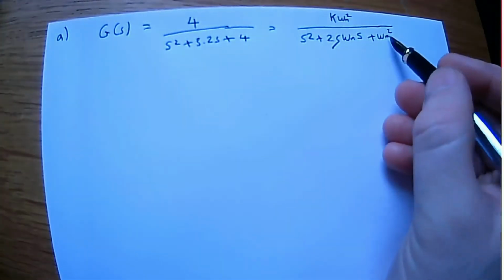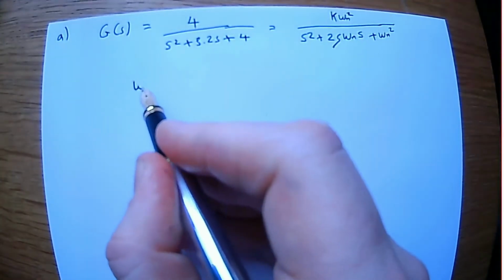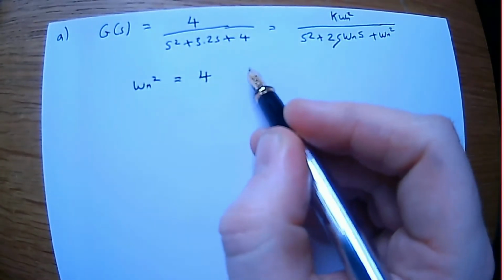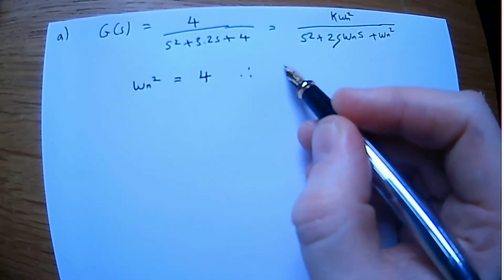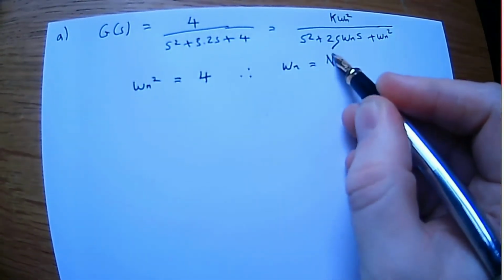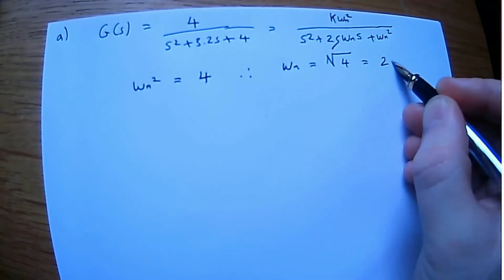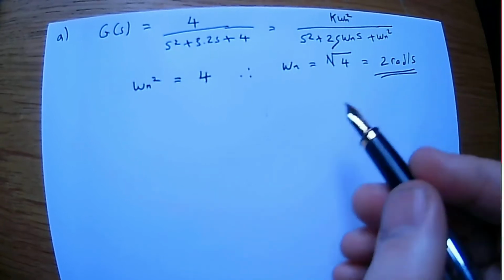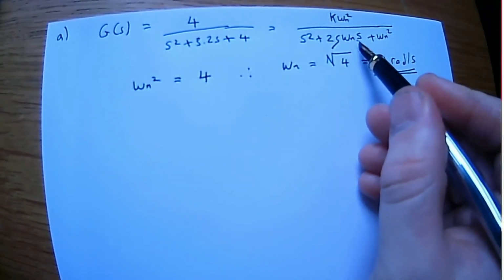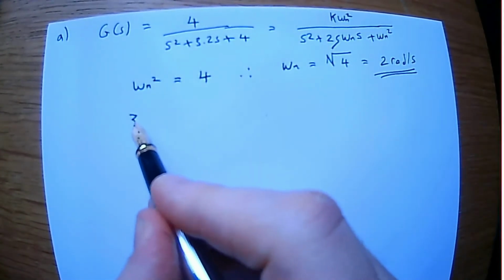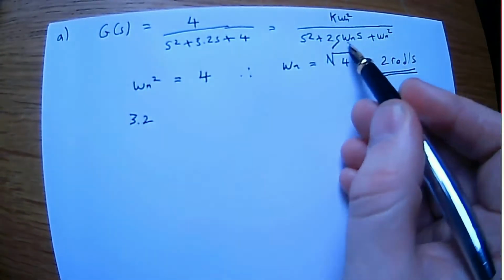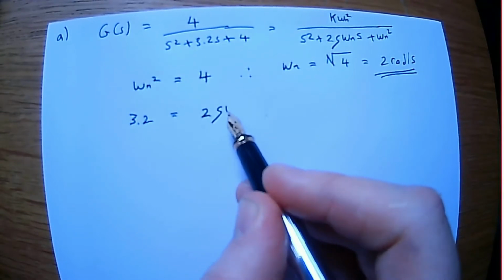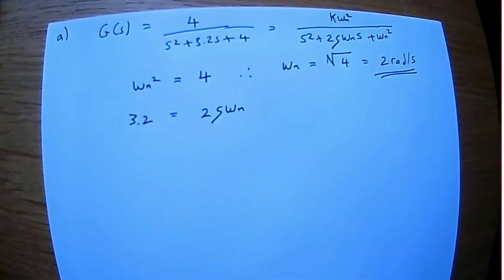If you see here, omega n squared is equal to 4. Therefore, omega n is equal to the square root of 4, which is 2 radians a second. So we've got the natural frequency. Then 3.2 here is equal to 2 multiplied by zeta multiplied by omega n.